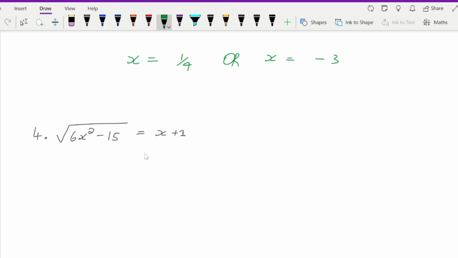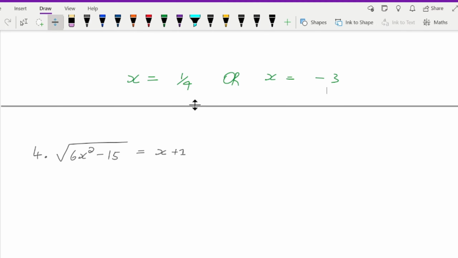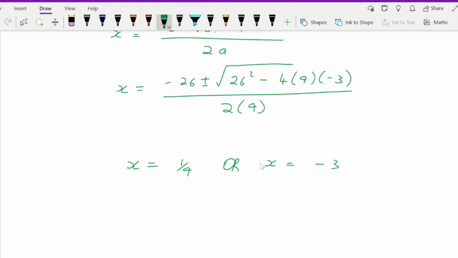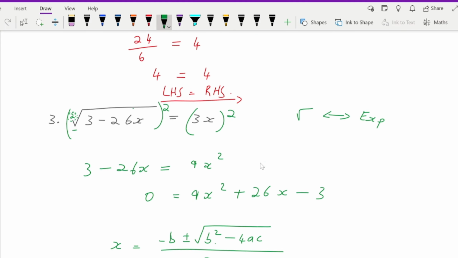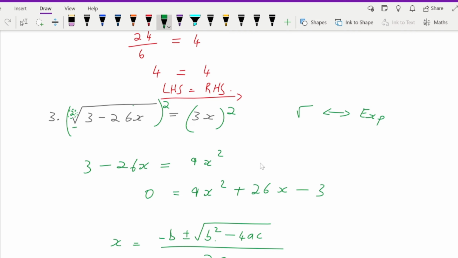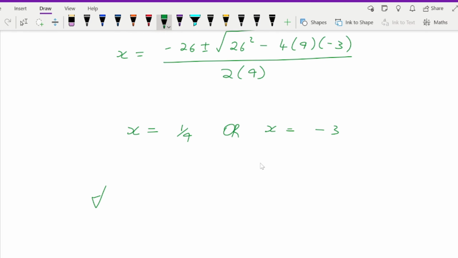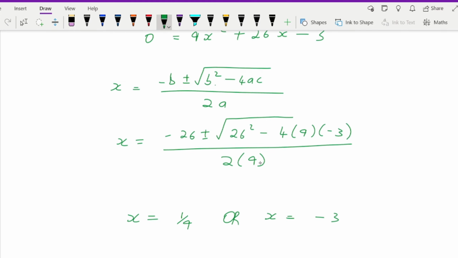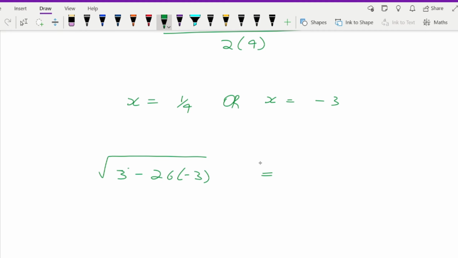So here we have to test which one of these is correct. First things first, let's test the negative 3 first. So we're going to have 3 minus 26 times negative 3, which must equal 3 times negative 3.